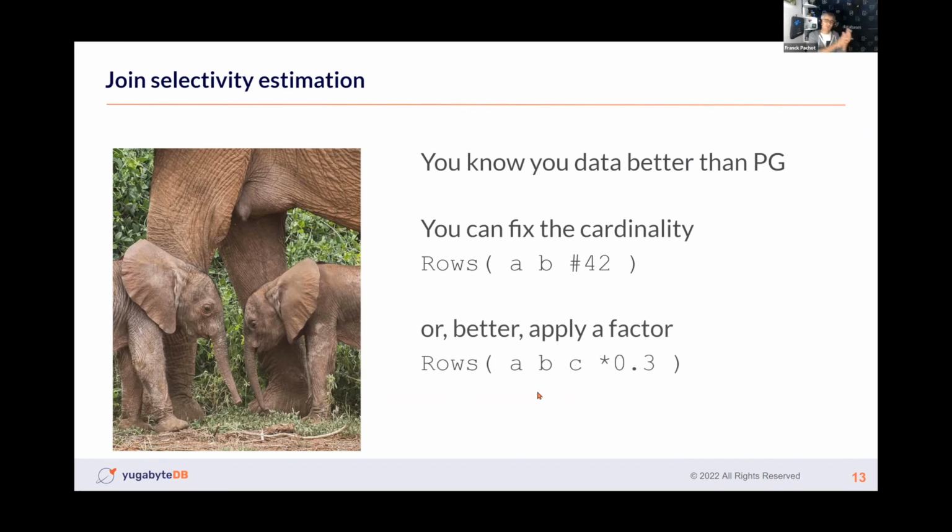When you join A, B, and C together, whatever the order, if you come with an estimation of 100 rows, just take 1/3 of it, because you know that there is a correlation in data that usually makes it overestimated. So this is a way, without forcing something and without even forcing a number, to just give more information about the selectivity after joins.